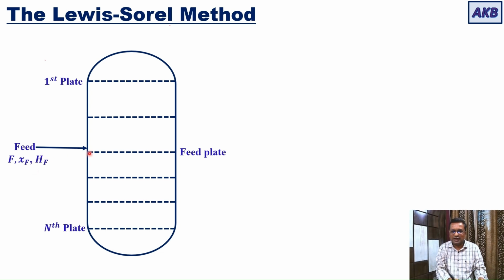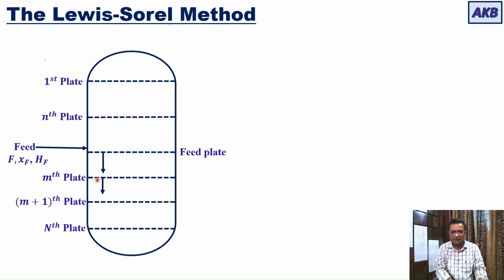The plate on which feed is admitted, we call the feed plate. Then the other trays: this is the nth plate, which is in the rectifying section. You know what the rectifying section is, and there are two stages or plates that I am showing in the stripping section. One is the mth plate and the other one is the m plus 1th plate.